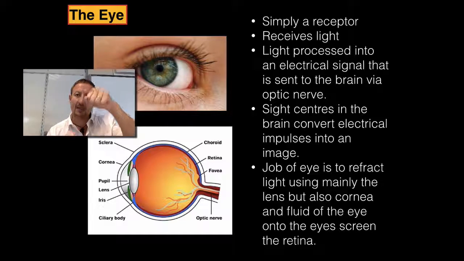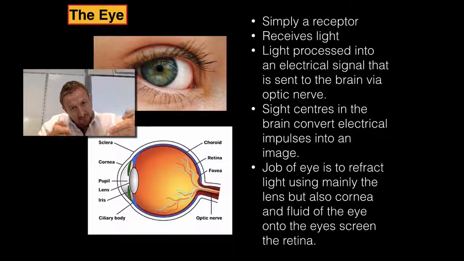And by contracting and relaxing those muscles, we contract or relax the ligaments, which pulls the lens long and thin or allows the lens to go short and fat. Obviously, by pulling it long and thin, there's less bending of the light, there's less refraction. If we actually make it shorter and fatter, then we can actually bend the light a lot more, so there's more refraction. Now, this is very, very important when we look at problems with the eye.